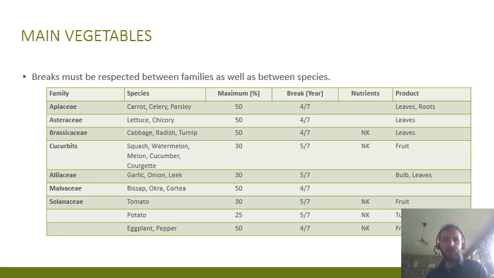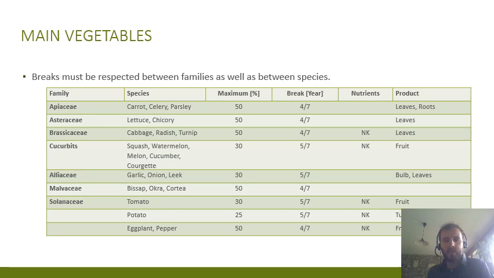You have the same for vegetables, but I just give the information for the different families. For example, Brassicaceae, the cabbage family, you should make a break of 4 years in a 7 year rotation. Solanaceae, you should make a break of 5 years in a 7 year rotation, and so on.